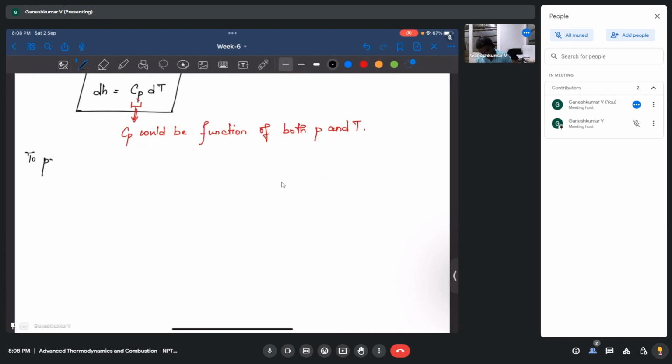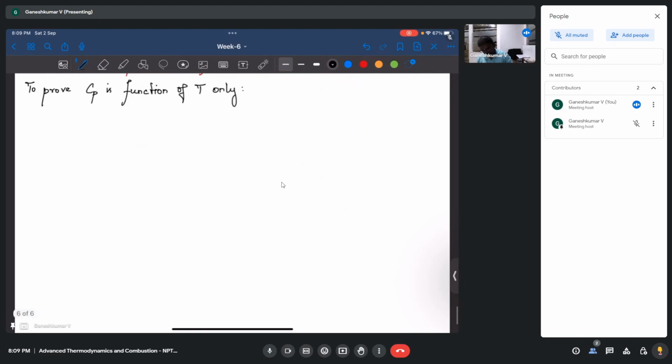To prove Cp is a function of temperature only, how do we do that?